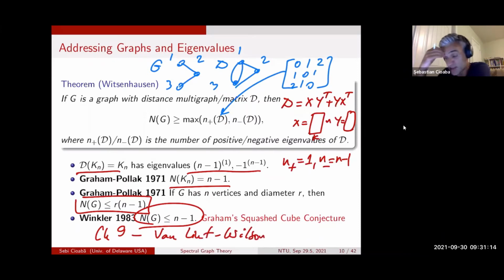They give you the detail of how Winkler used breadth first search and depth first search to come up with an addressing of length n minus 1 for any graph. Okay, so for any graph, the minimum length of its addressing is at most n minus 1, but maybe graphs can use fewer symbols.